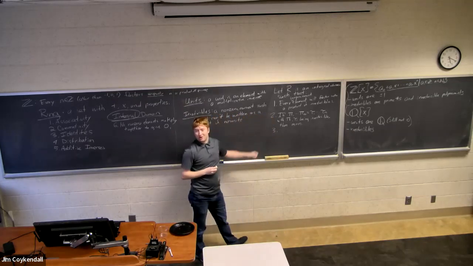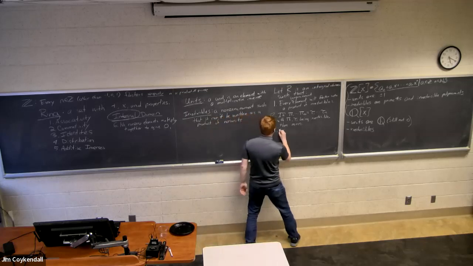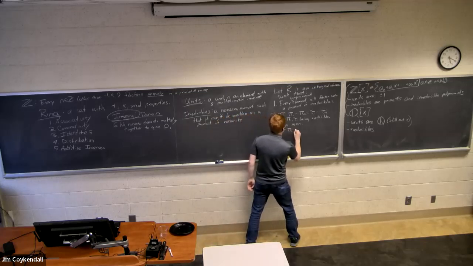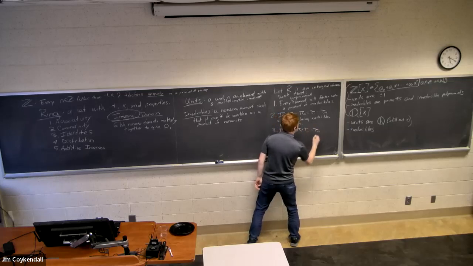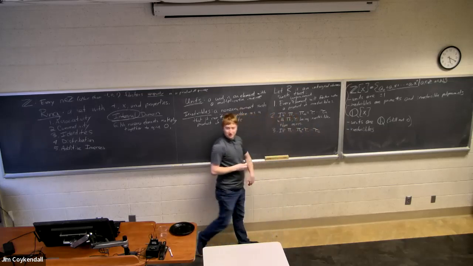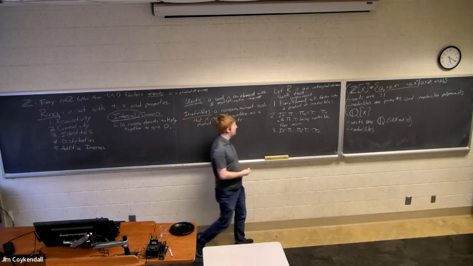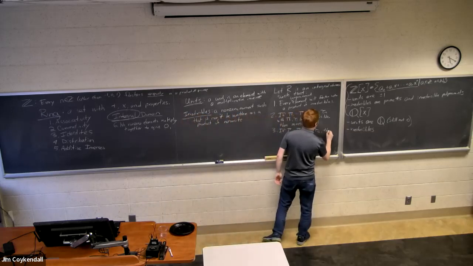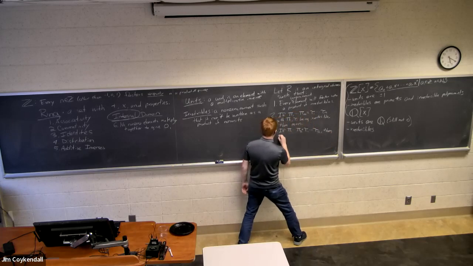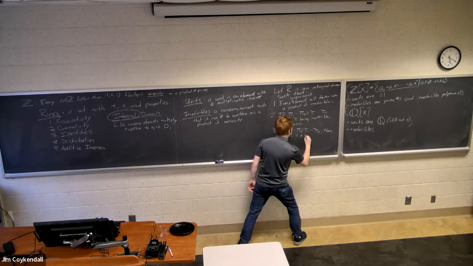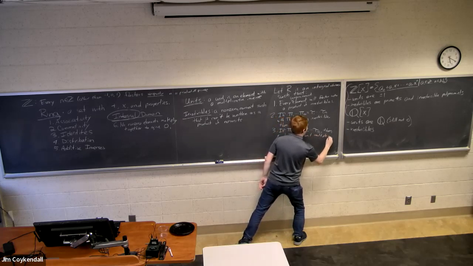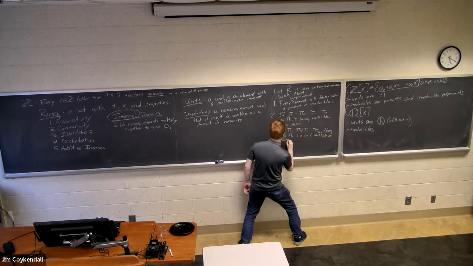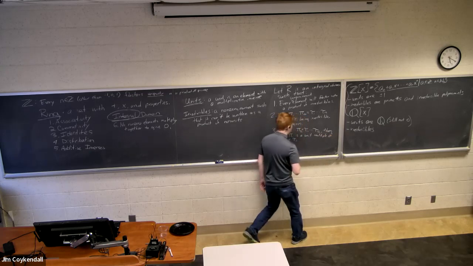And finally, this is where our uniqueness is going to come in. If we do have two products of irreducibles, now note that they're of the same length, n, then each pi is a unit multiple of some tau.